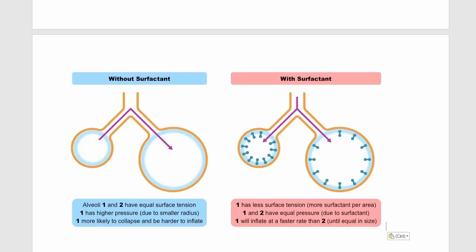The hydrophobic tails of the surfactant molecules insert themselves into the air, while the hydrophilic heads remain in the alveolar lining fluid. This arrangement reduces the surface tension at the air-liquid interface, which makes it easier for the alveoli to expand during inspiration and also prevents them from collapsing during expiration.